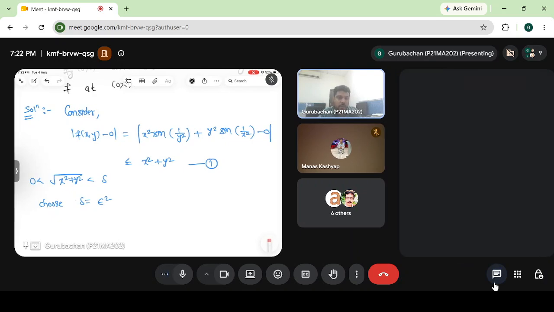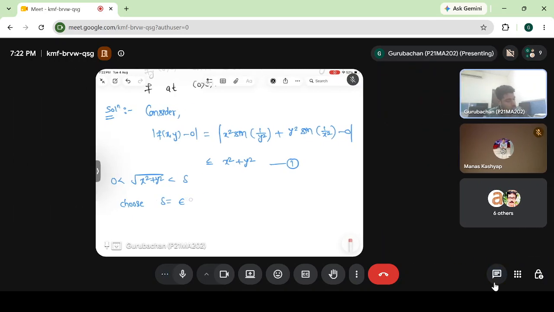Please check. So we need to take root epsilon. Here it is kind of delta square you are getting.